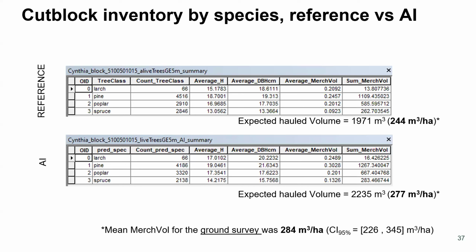And amazingly, the estimate from the AI, this 277 cubic meters per hectare, is within 3% of what we obtained from the ground survey. We were surprised to get such a good result, which is even better than the reference. But again, the reason is these predicted boxes being a little larger, which ends up getting a better DBH estimate.